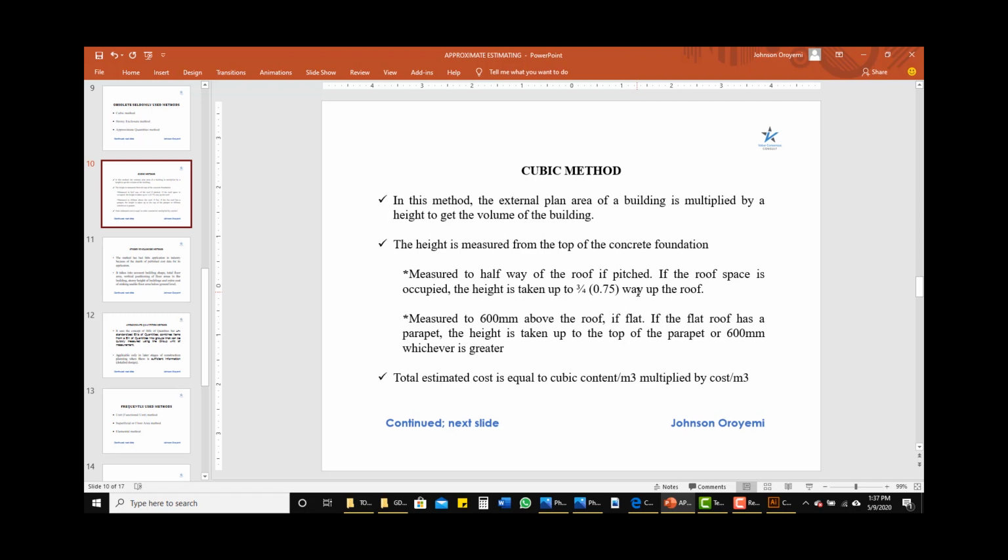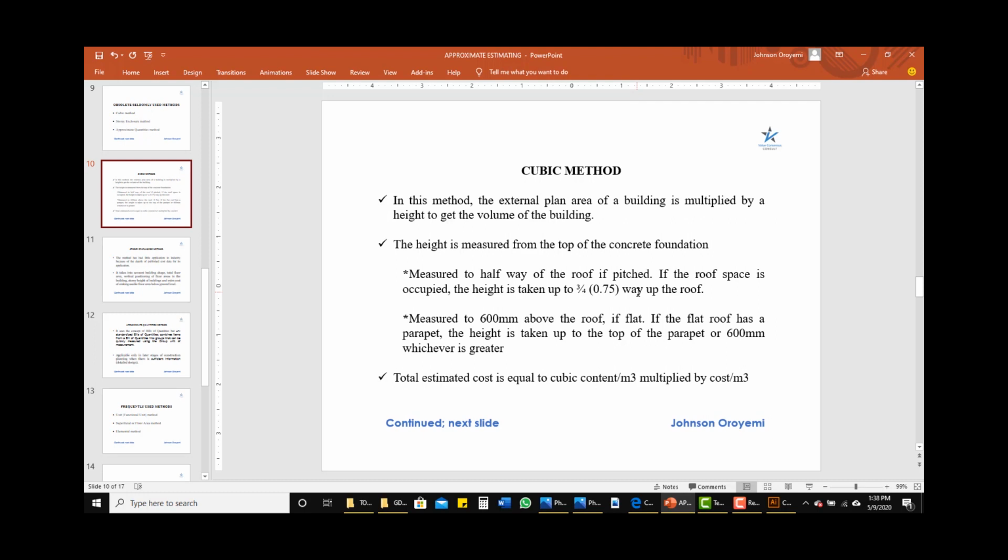The cubic method is not actually an effective method of preparing preliminary estimates, because it does not take account of the shape of the building. It does not take account also of the floor level if we have more than one floor level.